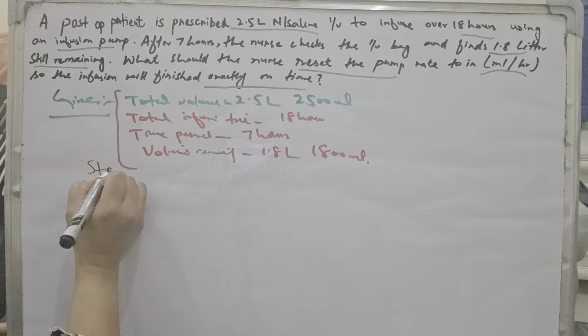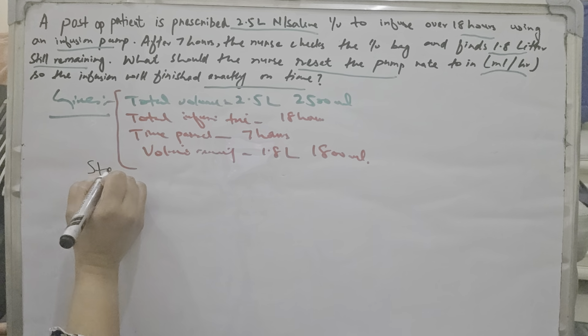Now our step number 2 is to calculate the remaining time. The formula is remaining time equals total time minus time elapsed.